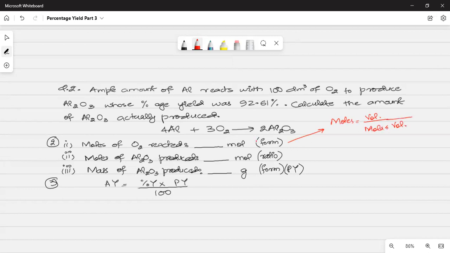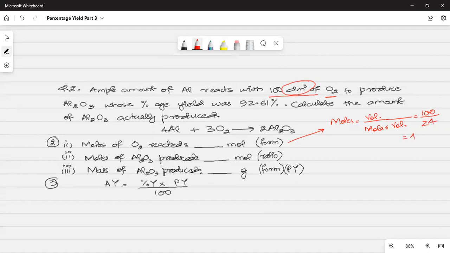This is oxygen, and the information gives you the unit decimeter cube. As soon as you look at it, you would know that the formula you need to use is volume over molar volume. So that is 100 over the molar volume. The value for molar volume is always 24. It never changes. So if you remember that by heart, it shouldn't be a problem.